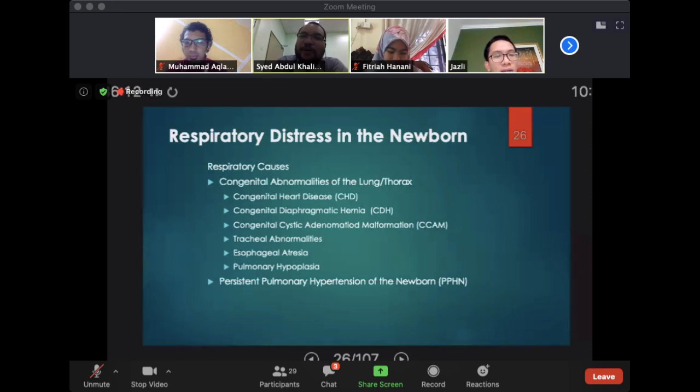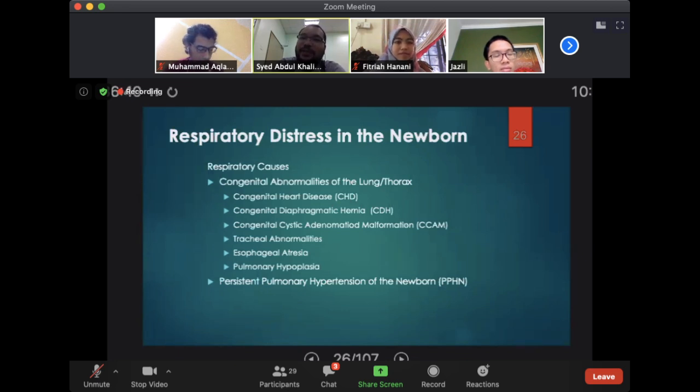Okay, the hyperoxic test is used to differentiate between pulmonary causes of cyanosis or poor saturation and cardiac causes, basically cyanotic congenital heart disease. So if the child's saturation is persistently not good and you're not sure whether it is pulmonary or cardiac, you do the hyperoxic test.